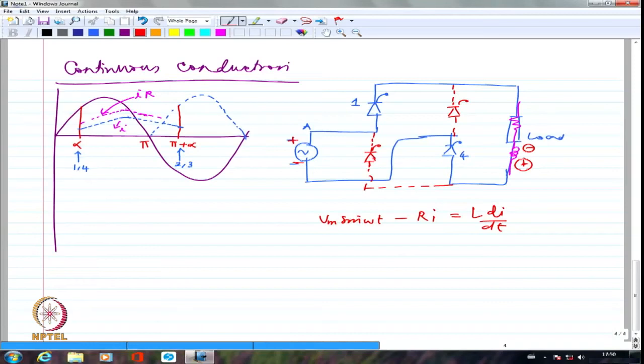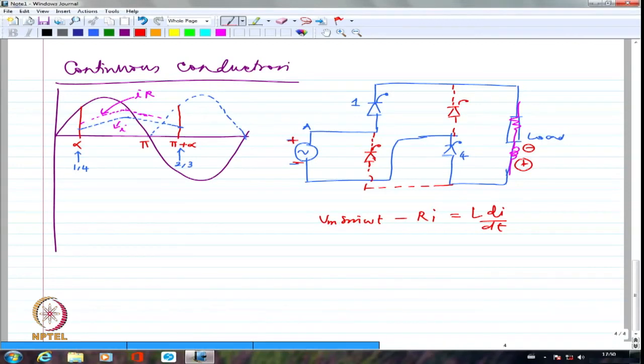Now, as it comes beyond pi, I still have to retain the conduction in the same direction. The property of inductance is to retain the current direction as much as possible by virtue of its stored energy. So, this will now strive hard to still forward bias these two devices, despite the fact that the voltage supply has gone into the negative half cycle.